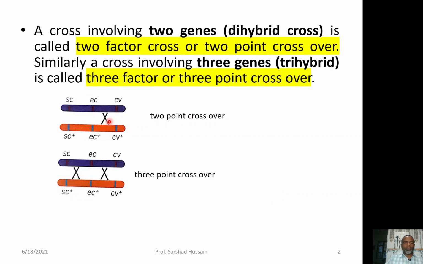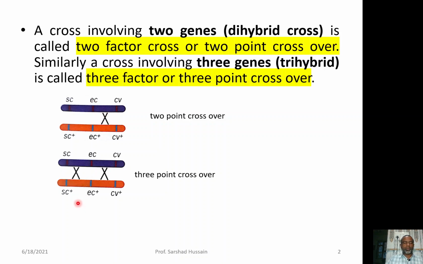A crossover involving crossing between two genes or the two loci, like you can see here, a cross between EC and CV, or you can say there may be a cross between SC and EC. These are called the dihybrid cross, that is a pair of the genes when they put for the crossing over, and this is called the dihybrid cross also, and two factor cross.